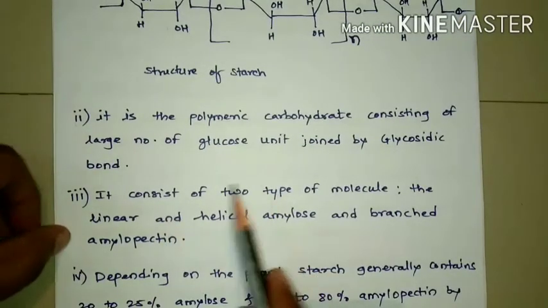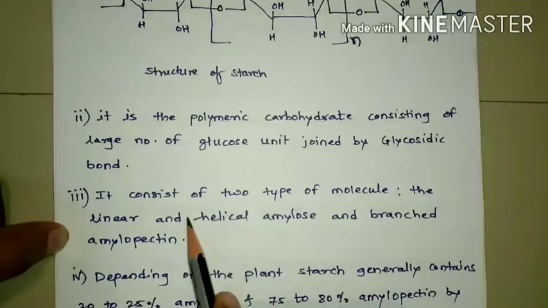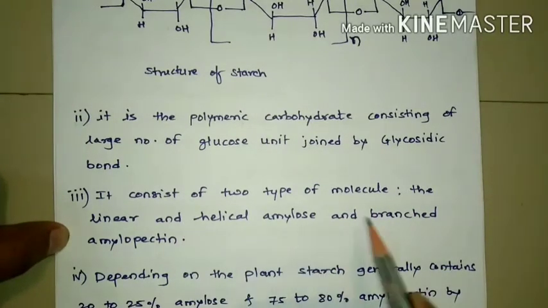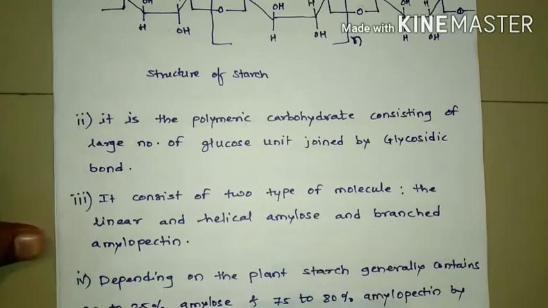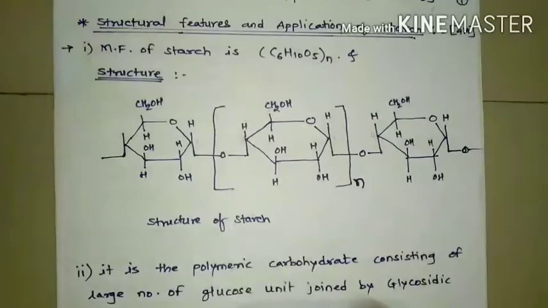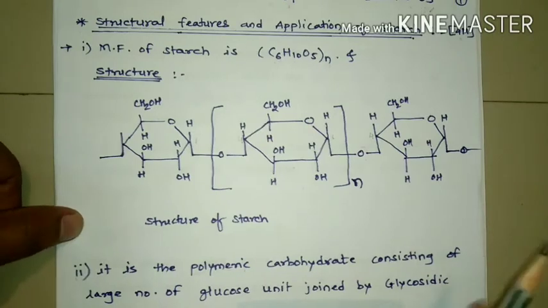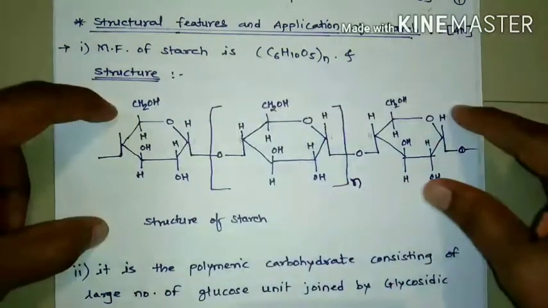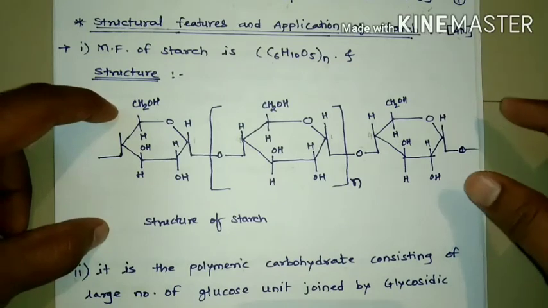It consists of two types of molecules. First, the linear and helical amylose, and second is the branched amylopectin. That means your starch molecule is in two forms. One is the linear and helical amylose. That means this is the linear form and it is called amylose.